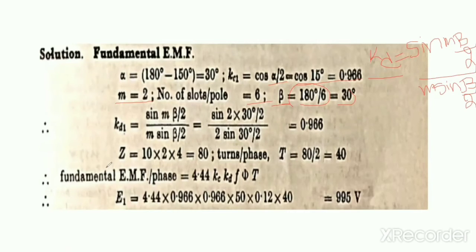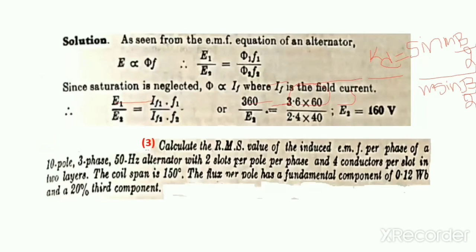Then we calculate the Z value. How will we calculate that Z value? 10 poles, 2 slots per pole and 4 conductors per slot. First of all 4 into 2, after that per pole means into 10.